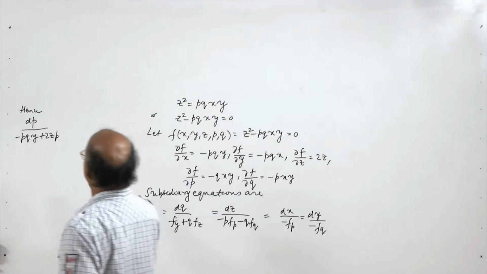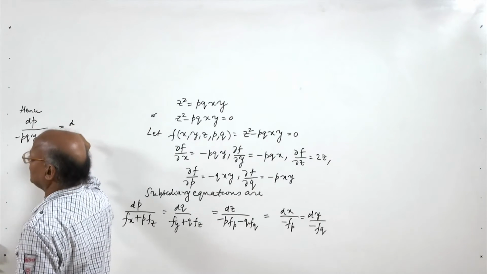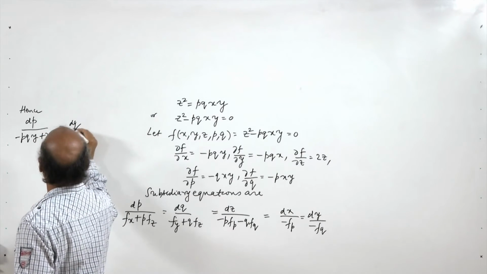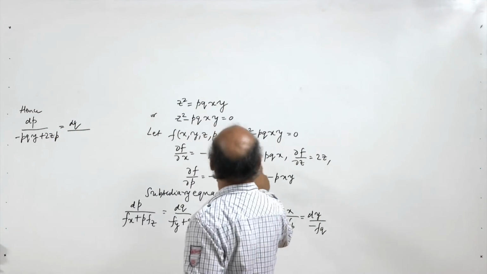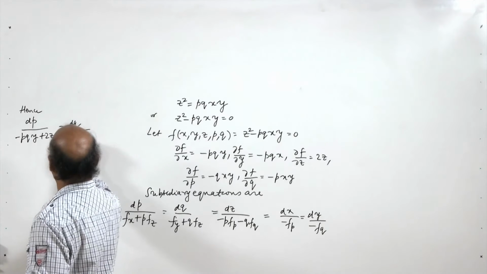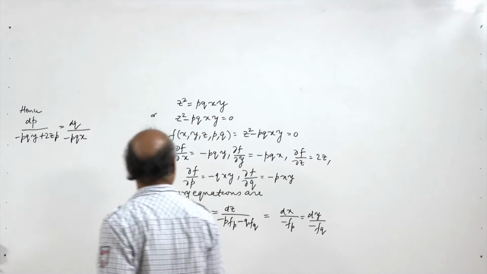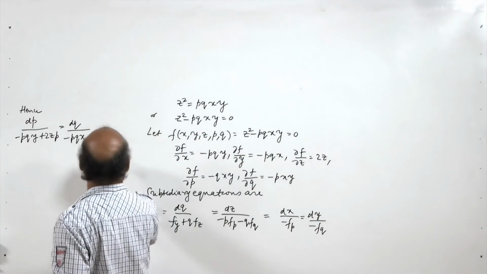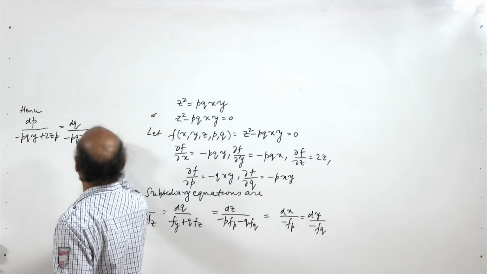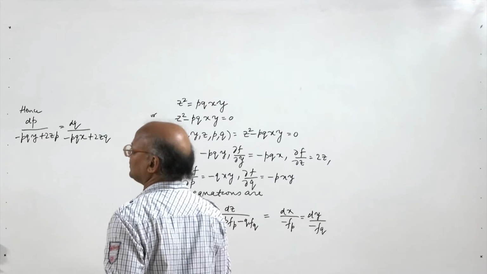Then dq over (fy, which is equal to minus p q x, plus q times fz), so q times 2z is 2zq.